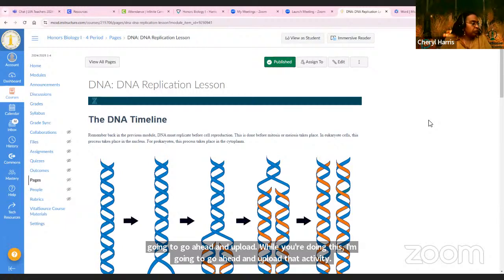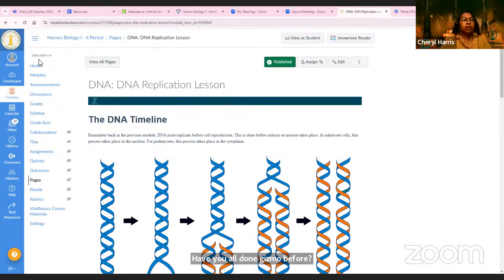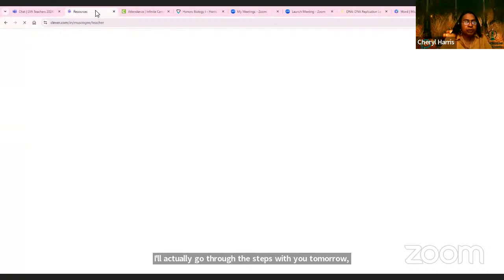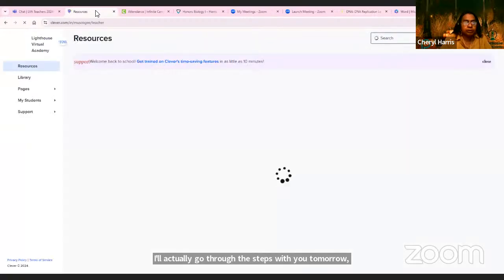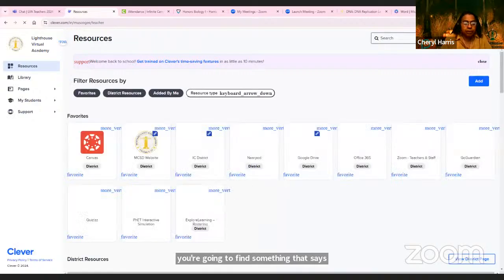have you all done Gizmo before? No, okay. I'll actually go through the steps with you tomorrow, but what you want to do, there is in your Clever panel, you're going to find something that says Explore Learning. Okay.